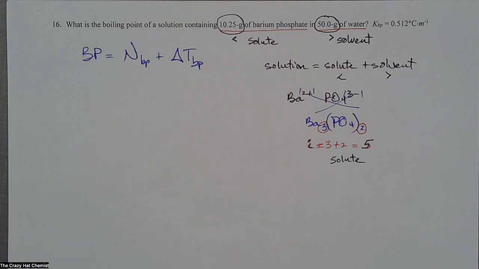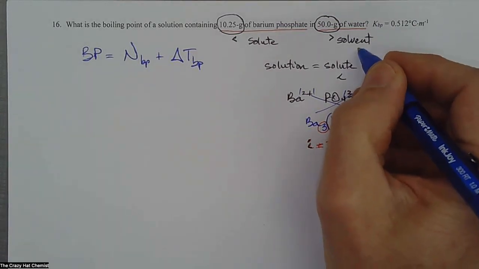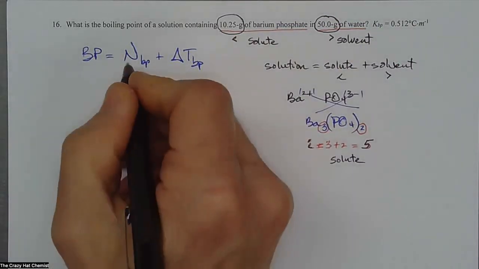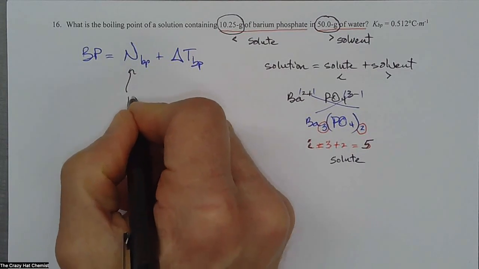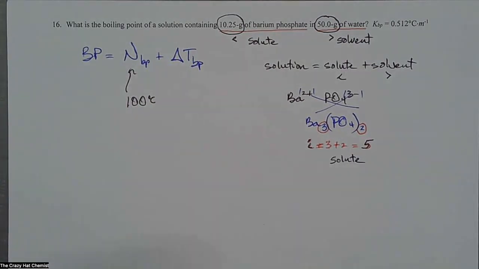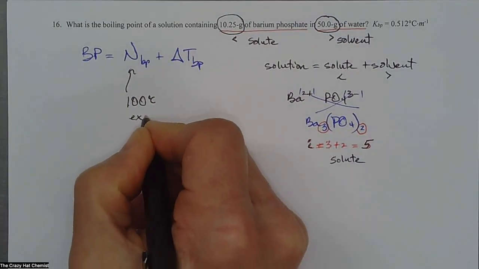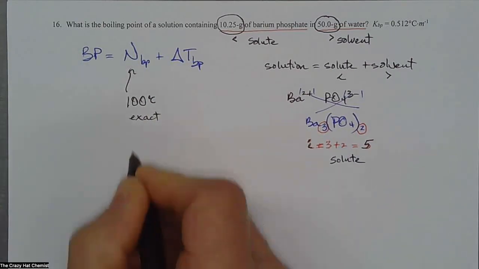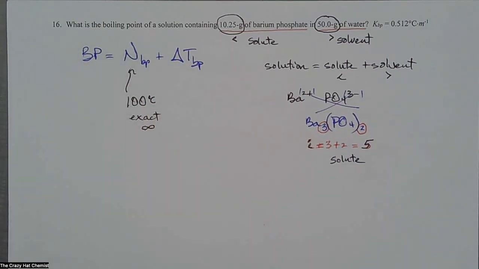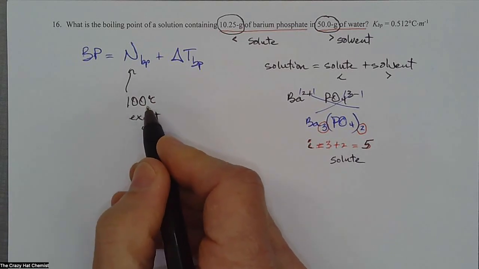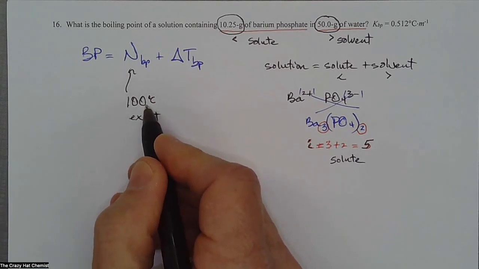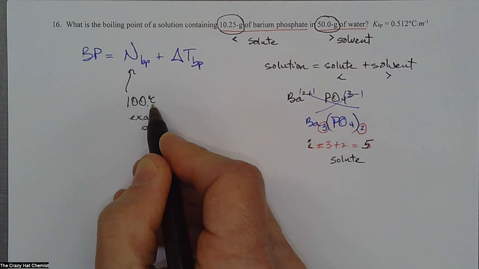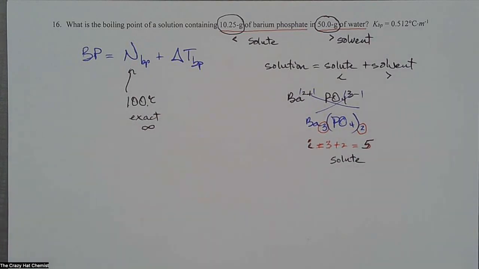We are trying to get the boiling point of the solution, and we need the boiling point of the solvent. The normal boiling point of the solvent is 100 degrees Celsius. This is an exact number, so it has an infinite number of significant figures. If you want, you can put a decimal here and continue with an infinite number of zeros.